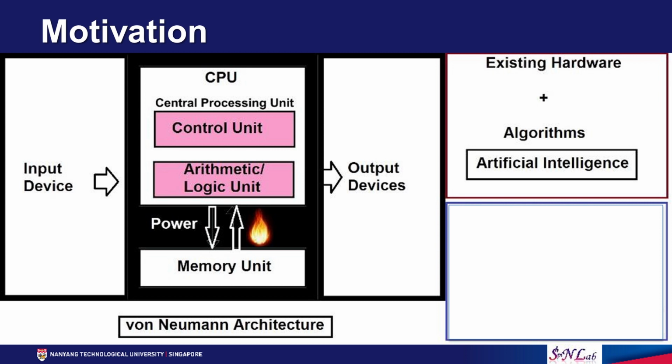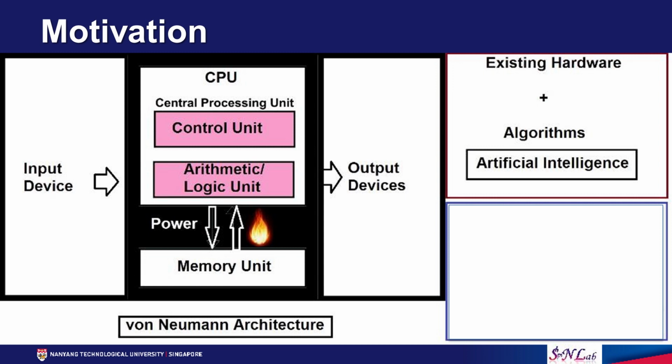In this architecture, you have a CPU which is placed at one location. Then you have memory units; they are placed at another location. So if you are doing computation, the data is fetched from the memory unit into the CPU. Then after the computation, the data is sent back to the memory.